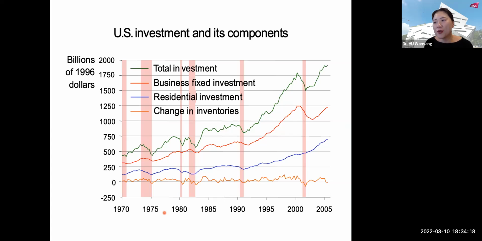This figure shows the investment trend and its components in the United States from the 1970s to 2005. Here we mainly look at the business fixed investment and the residential investment. Business fixed investment is the expenditure by business to increase production capacity.